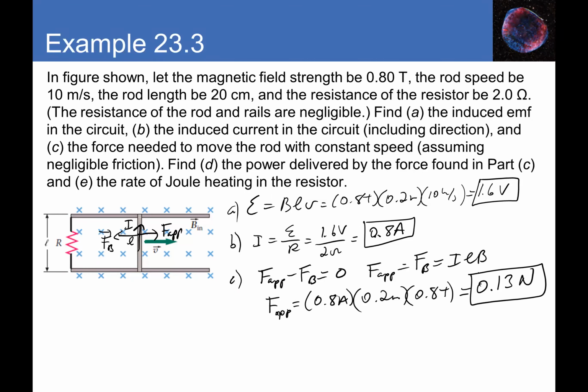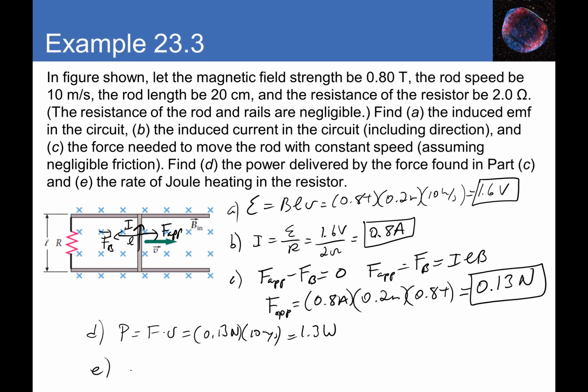All right, and part D here says the power delivered by the force, and part E says what is the rate of joule heating in the resistor. Well, D is the power delivered by the force, which is F times V. So 0.13 newtons times 10 meters per second. So we get 1.3 watts.